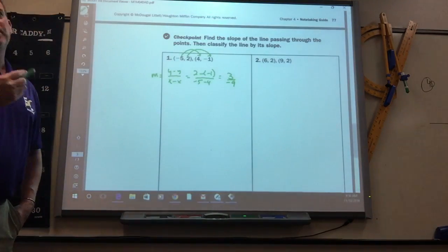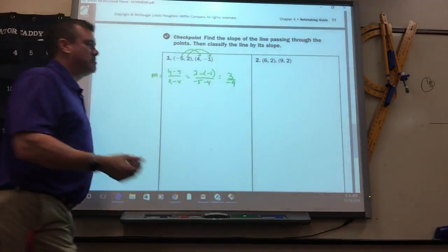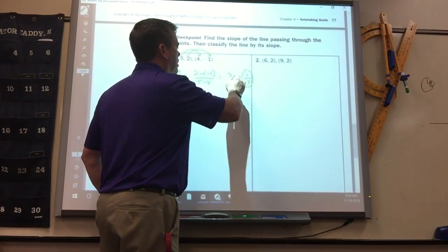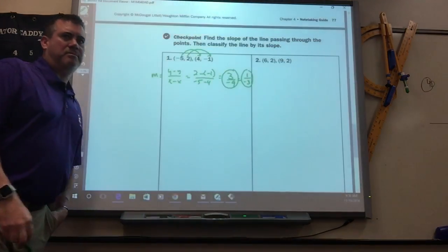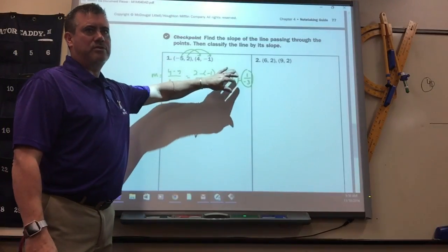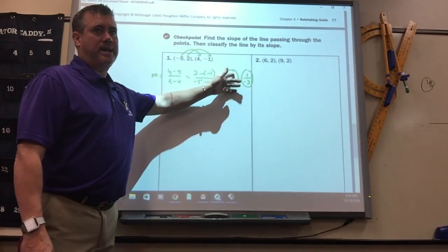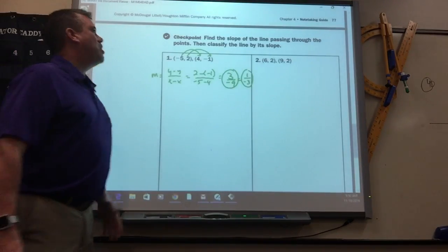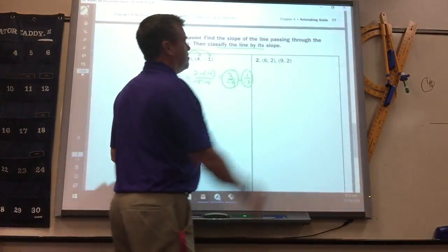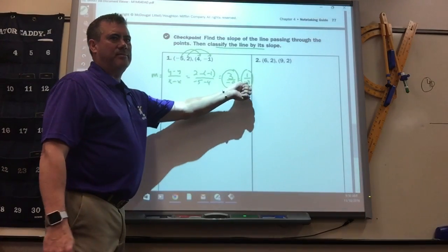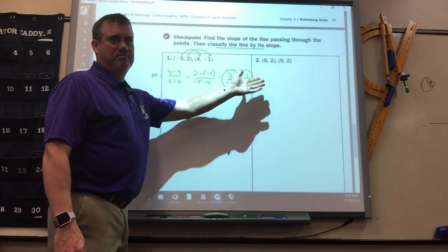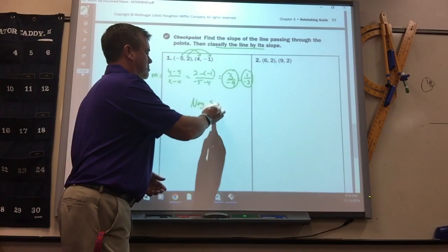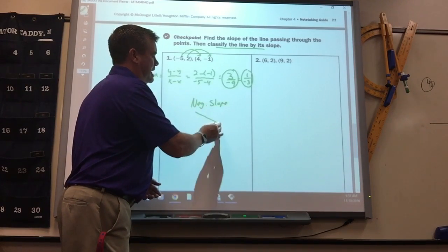You don't need to reduce it, but you can. That's -1/3. Just remember when we're correcting them, if you have a slope that's not reduced, it's still correct as long as you got the right numbers. So they'd say classify the line by its slope. Since it's a -1/3, it's a negative slope, which means it would go down.